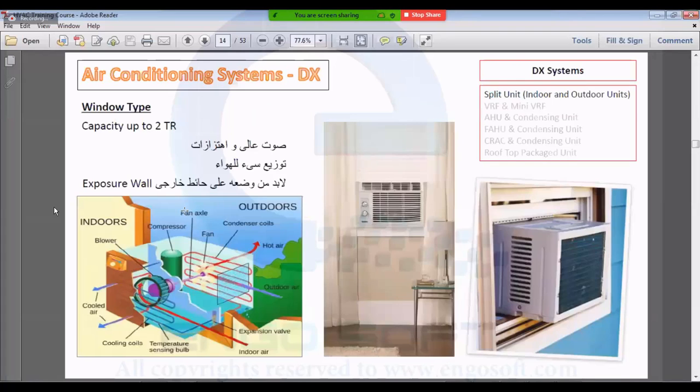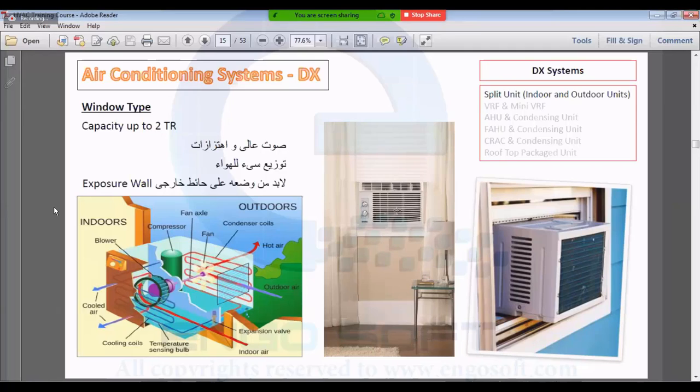So let's start with the DX units. The most familiar one is the window type. Do you remember the window type? It was an old version of the split units. This is the picture of the window type. It has the same idea.